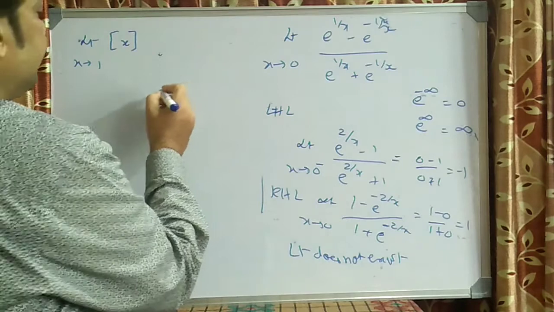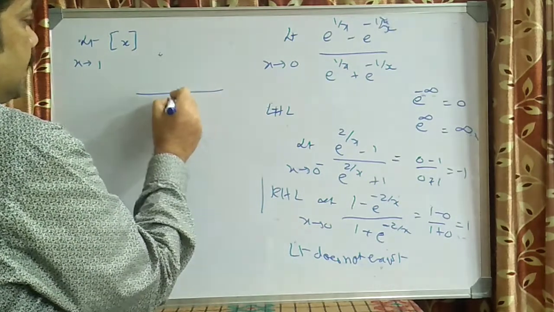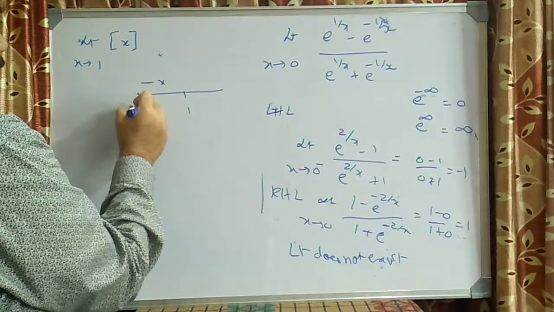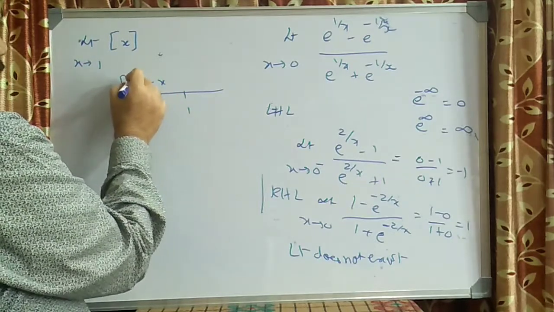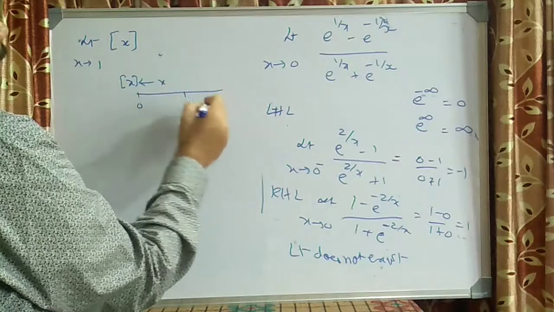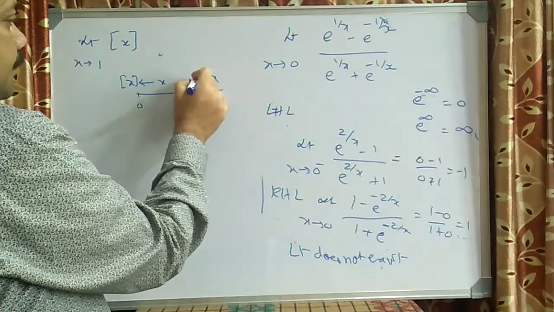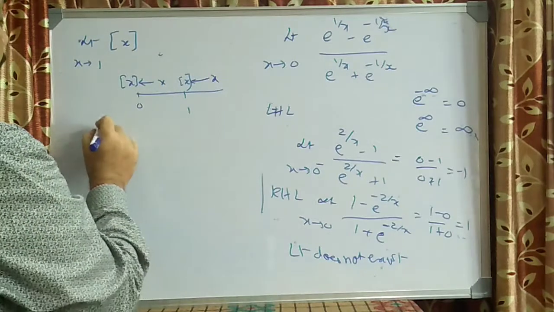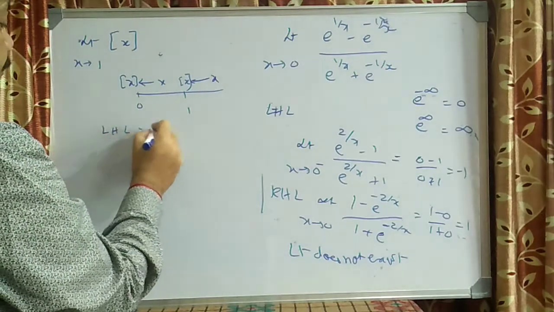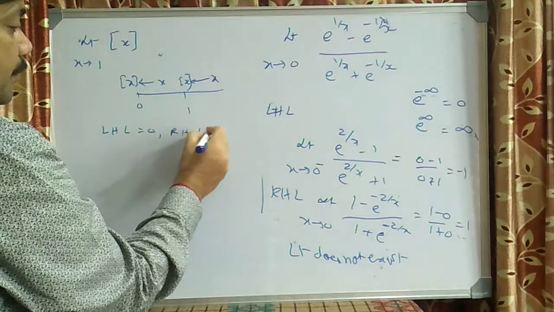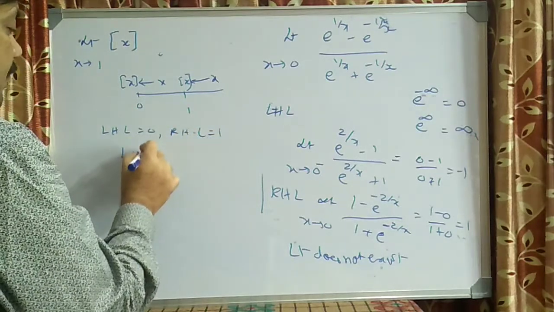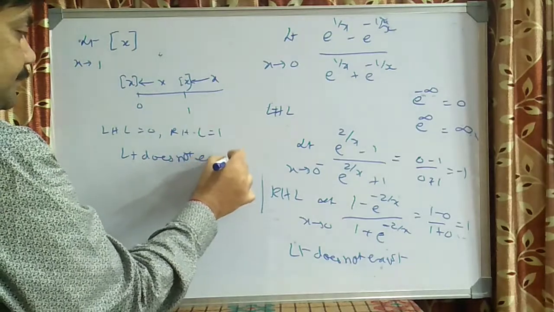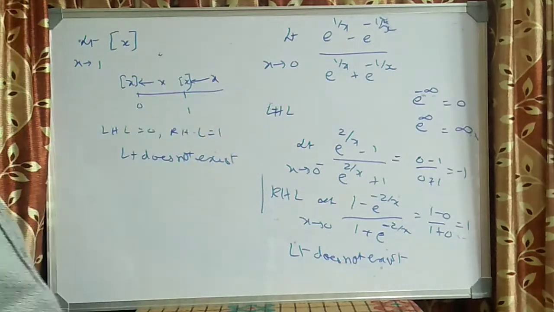If x is less than 1, then step x will be 0. If x is greater than 1, then step x will be 1. So LHL is equal to 0 here, RHL is equal to 1. So therefore the limit does not exist in this case.